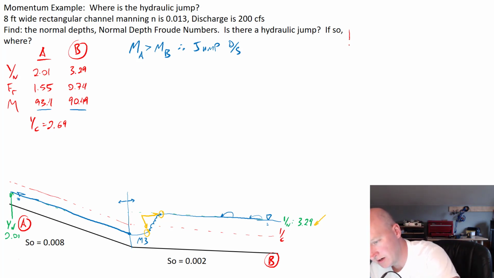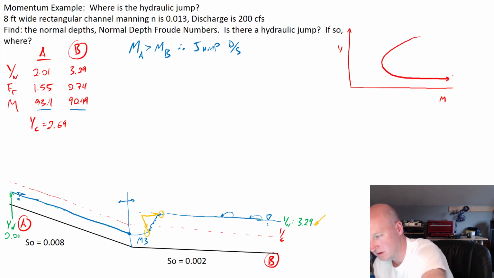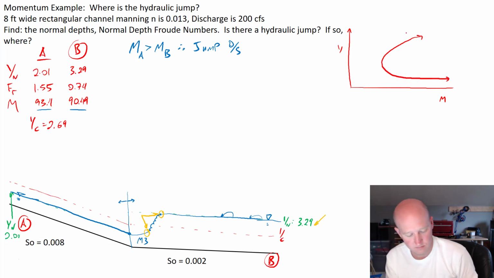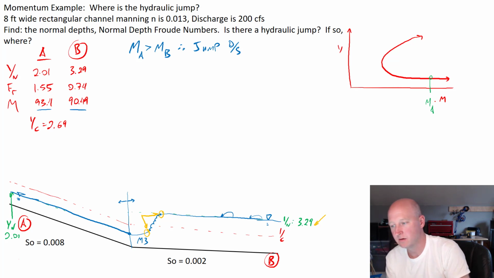So if we draw out the specific force diagram, it looks like this. So here's the specific force for section A, 93.